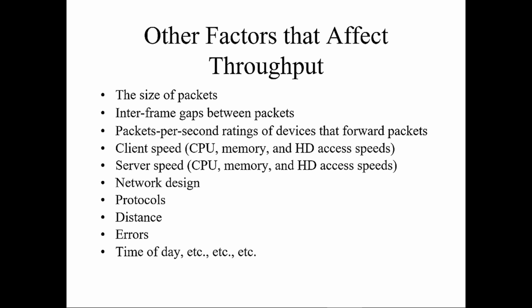Are we talking about interframe gaps between packets? Could be talking about the PPS, the packets per second rating of the devices, and how fast the devices can forward those packets. The load of the devices could also be the design, protocols, distance, errors, time of day, ISP, weather, and so forth. All of these factors affect the throughput.